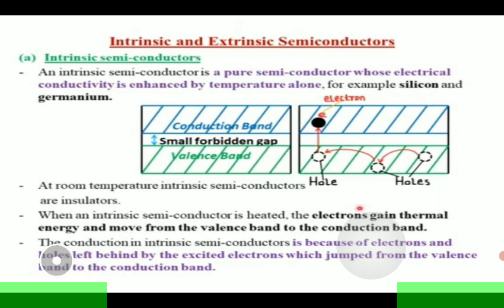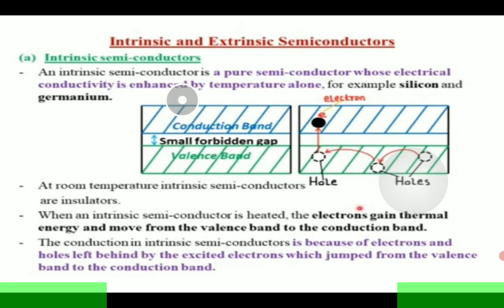So we are saying the conduction in these materials is largely due to 2 types of charge carriers: electrons, which are negatively charged, and holes, which are positively charged. Please take note that holes are not protons. Although they are positively charged, they are not protons. They just resemble protons, which are also positively charged.